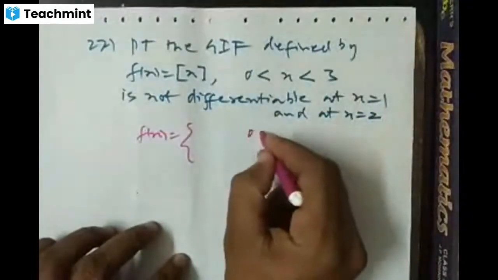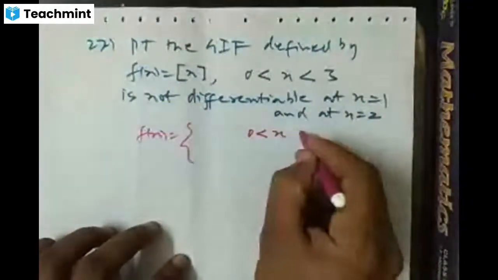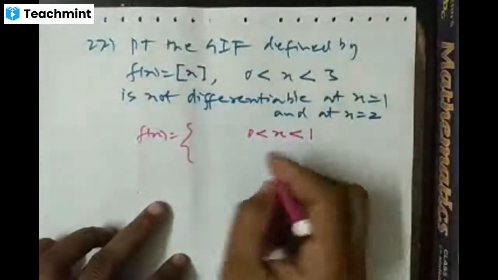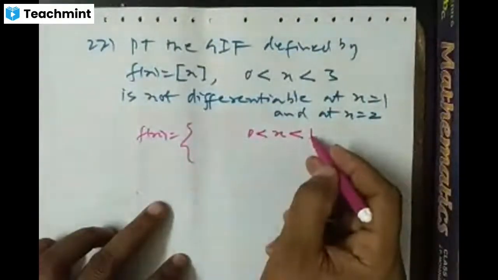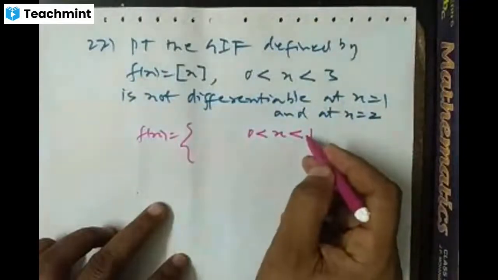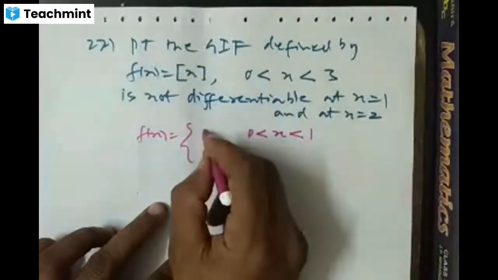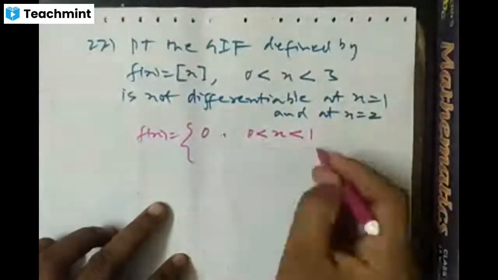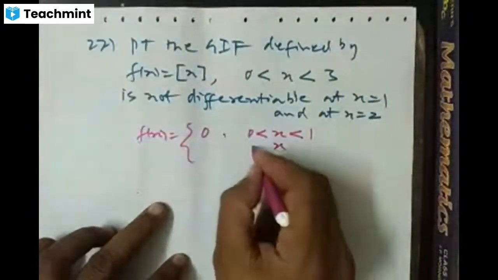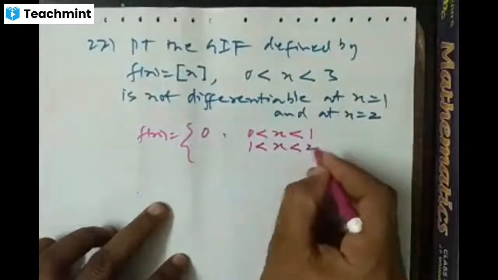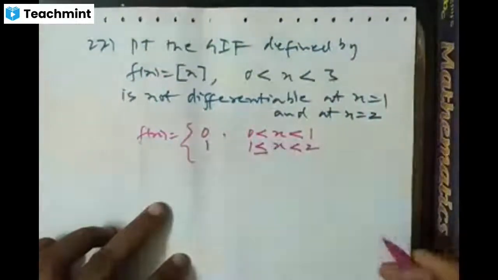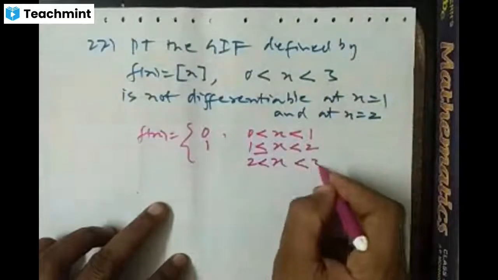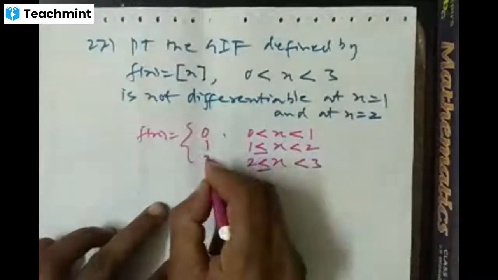So I will write the function f of x: whenever x lies between 0 and 1, more than 0 and less than 1, in that case f of x is 0, right? Whenever x lies between 1 and 2, including 1, in that case f of x is 1. Whenever x lies between 2 and 3, including 2, the value of the function is 2.